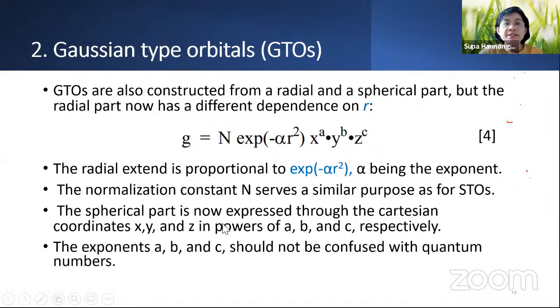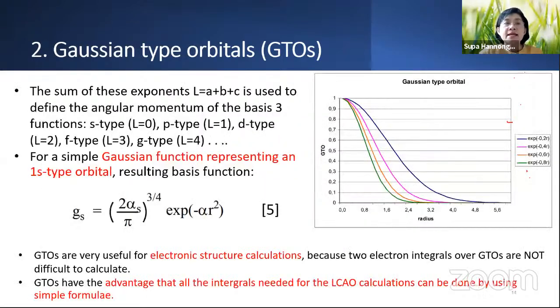And the spherical part is now expressed through the Cartesian coordinates x, y, and z in powers of a, b, and c respectively. The exponents a, b, and c should not be confused with the quantum numbers. They are different. Now let me continue to explain the Gaussian type orbitals.